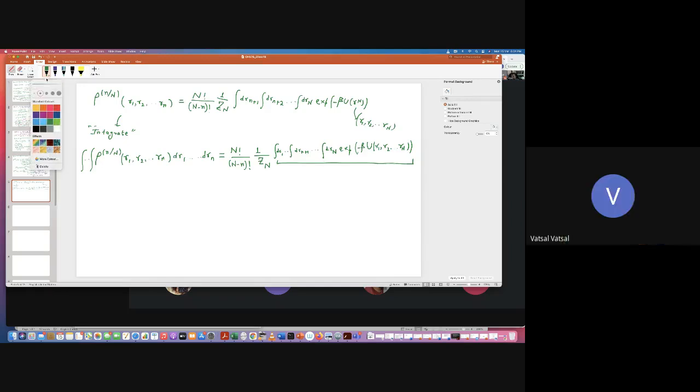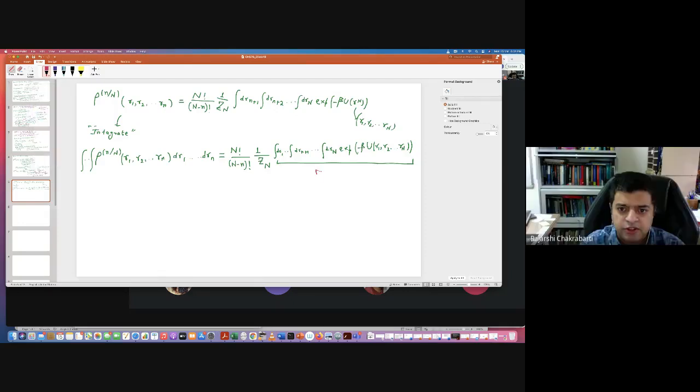Kailash, tell me what is this integral? It is h to the power 3n by n factorial, sorry, into n factorial. This is actually Zn, because I'm multiplying with dr1 to drn and integrating over all. So basically you have the whole integral here. This thing is Zn. Is this clear?